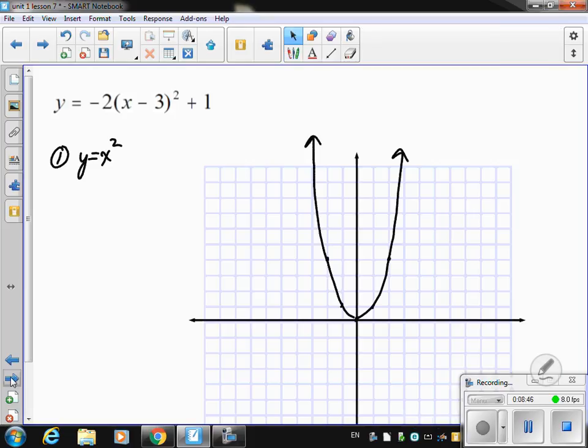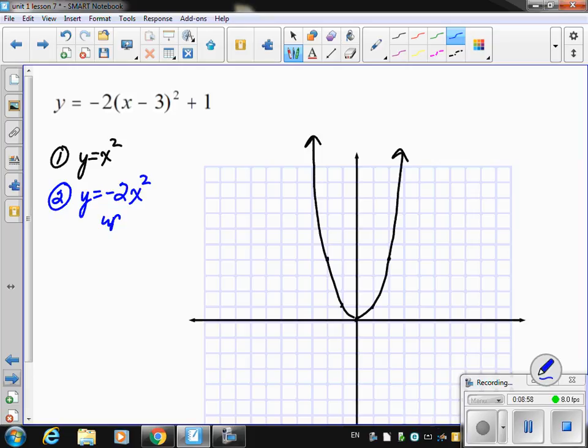Sorry about that. Second one, I'm working left to right. I'm going to put both the negative and the 2 into my next step. The negative means upside down, and the 2 is a vertical stretch factor 2. It's going to be skinnier. Okay, so I have the same vertex. I haven't moved left or right, up or down, but all my steps are going to be upside down now.